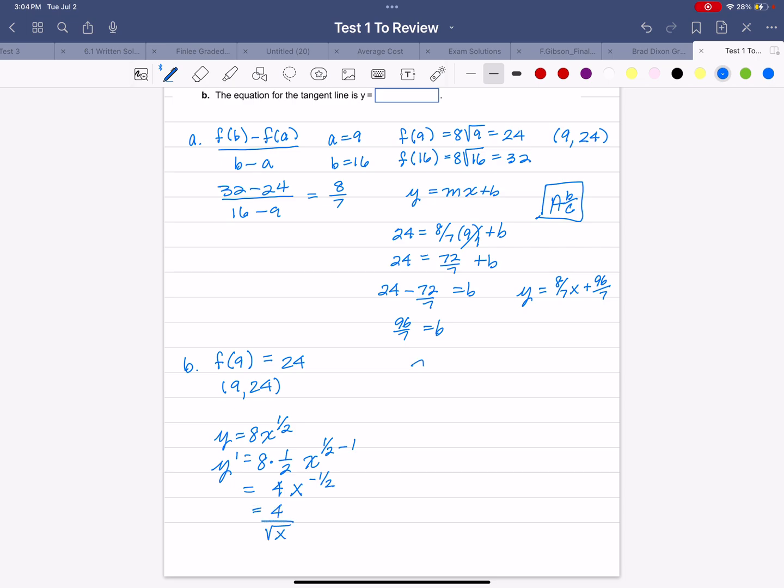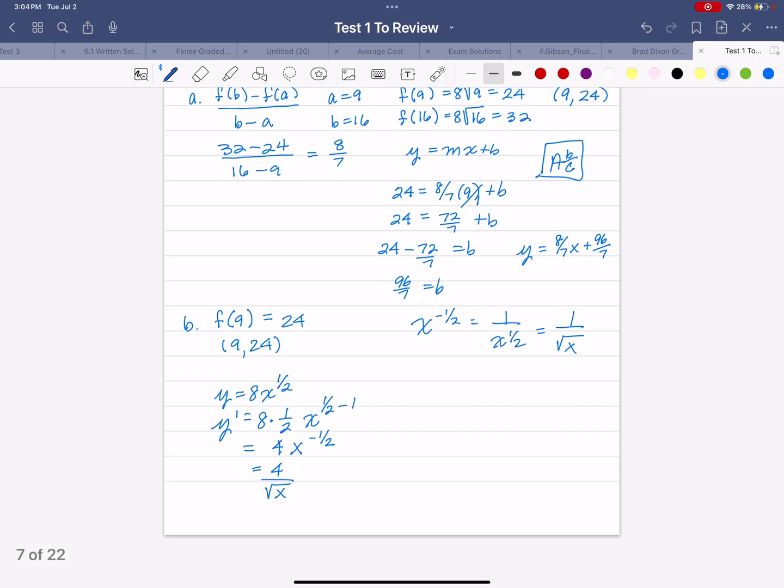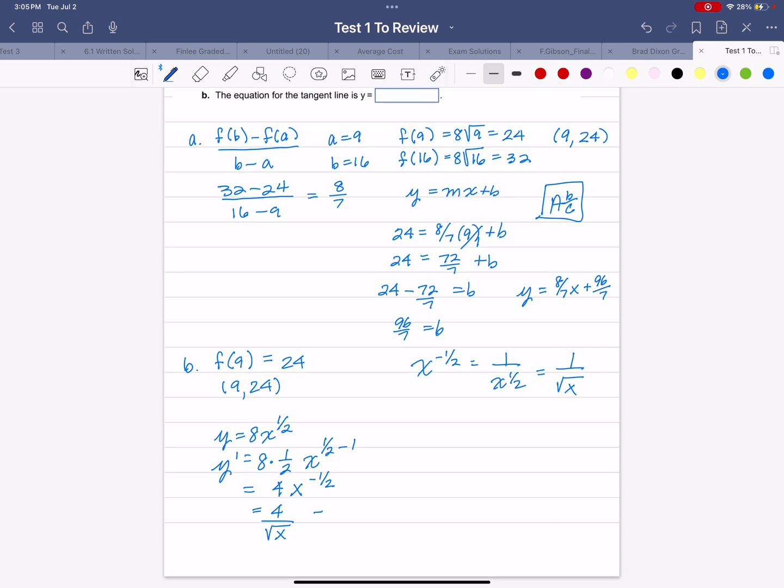Because remember, x to the negative 1/2 would be 1 over x to the 1/2, and the 1/2 power means the square root. So that's going to be 4 over the square root of x. Well, our x is a 9, so that's going to be 4 over the square root of 9, which is 4/3, and that's my slope.